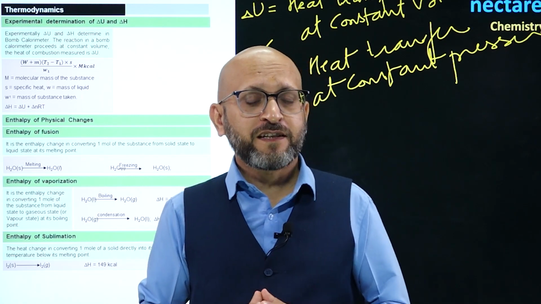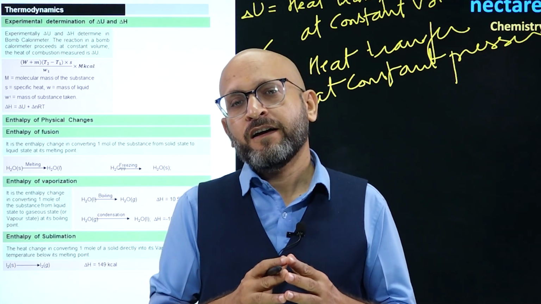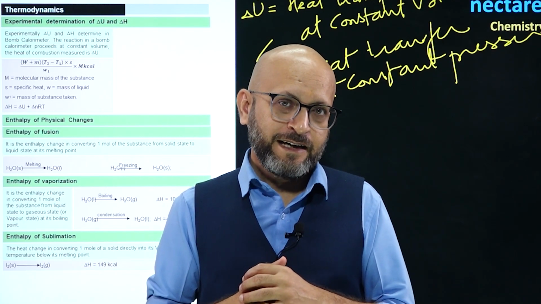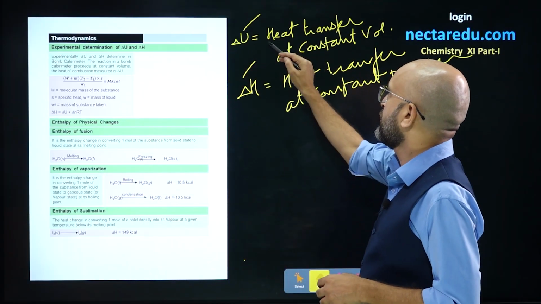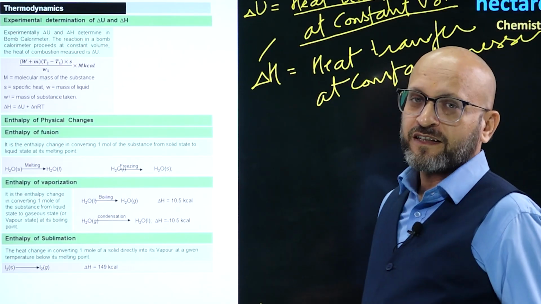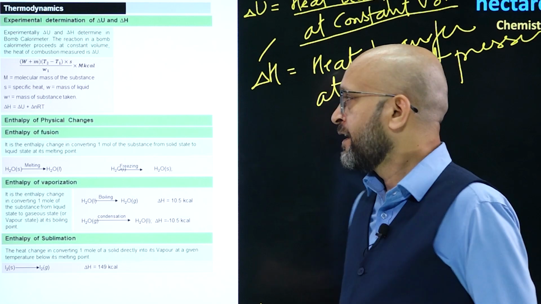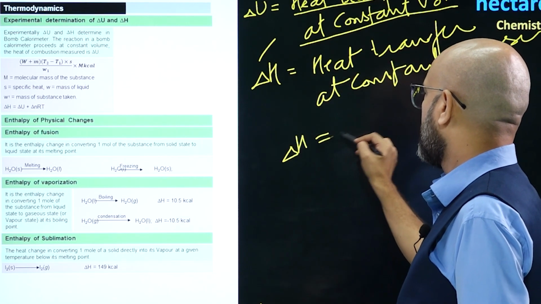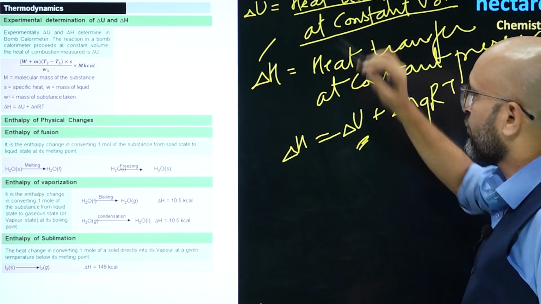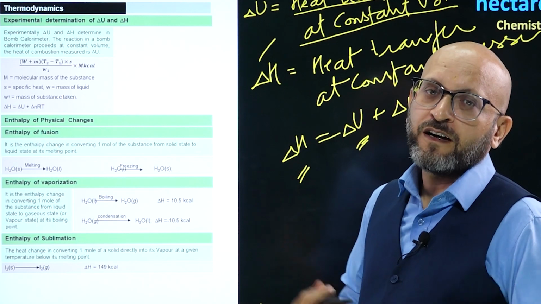So, a bomb calorimeter is basically a setup used for the measurement of delta U, because in that chamber the volume is constant, and heat transfer at constant volume is called delta U. So, using the bomb calorimeter we calculate the value of internal energy change, or delta U, and by using the relation delta H equals delta U plus delta n g RT, we can convert whatever delta U we calculate through the bomb calorimeter into delta H. So, both can be calculated using the bomb calorimeter.